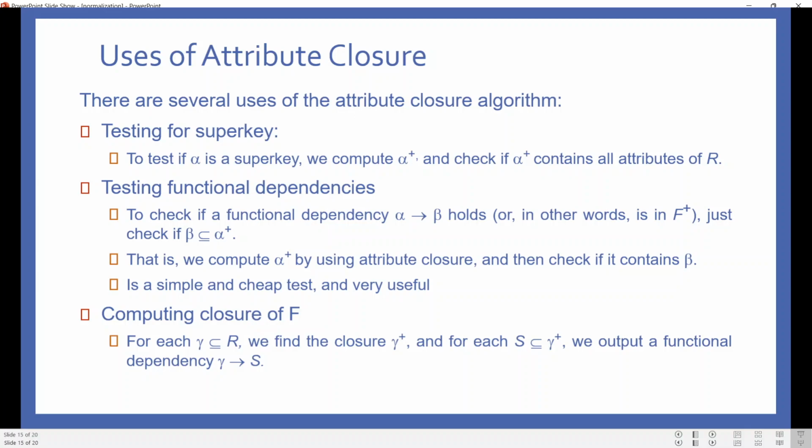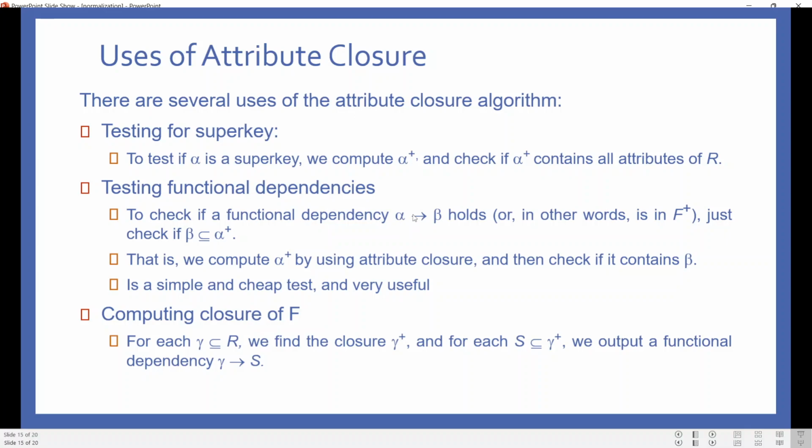Also you can test functional dependencies. If you want to check whether this alpha can determine beta, whether this functional dependency holds, we just need to check whether beta is a subset of the closure of alpha.